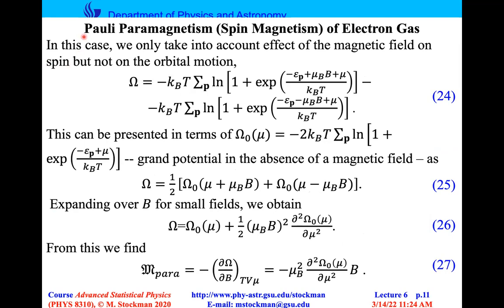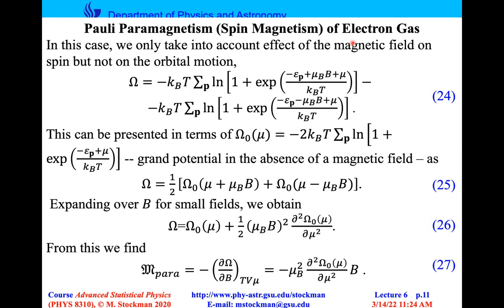So we consider now Pauli paramagnetism. This is magnetism associated with the magnetic moment of the spin of the electron gas. We already have an idea about magnetic effects of spin from the introductory part of statistical mechanics. And we know that the energy of the spin is negative if the spin is oriented along the magnetic field, and this is the preferable state, with lower energy.